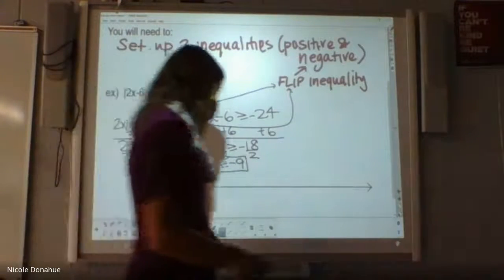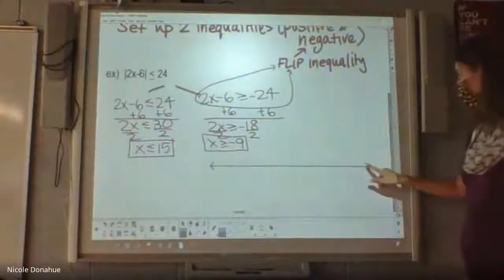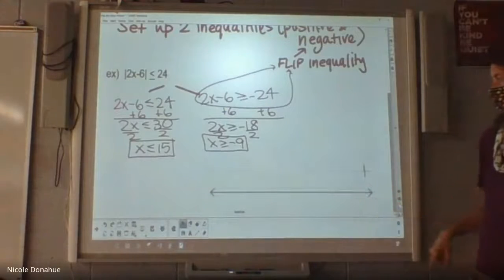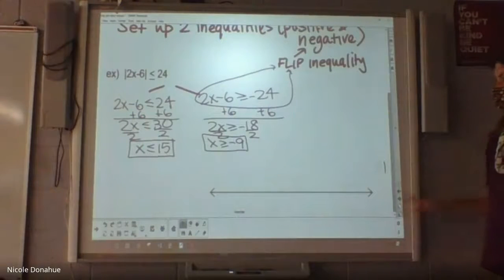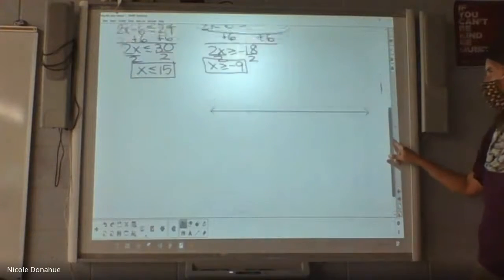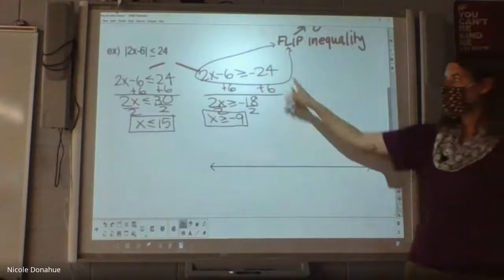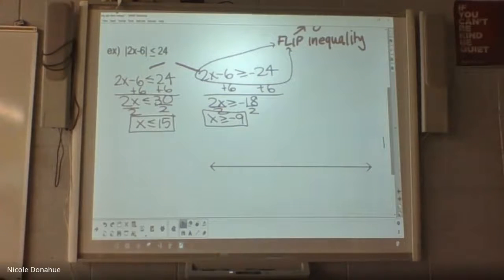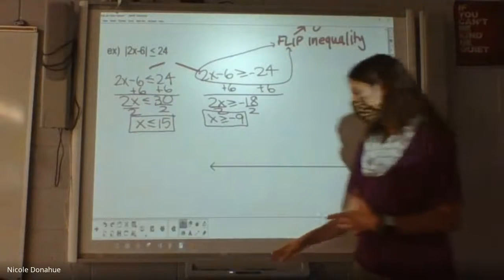There's our other one, so x is greater than or equal to -9. This is the big mistake you can make, not remembering to flip that inequality on the second part of the problem. Now we're ready to graph this, and we're going to put this on our number line.